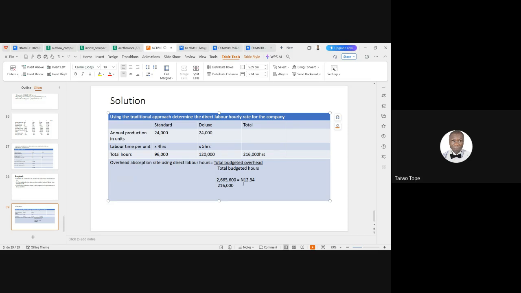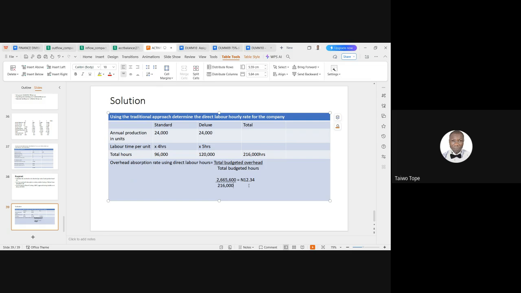If you go to the question, you see requirement B. Requirement 1 is: use the traditional approach to determine the direct labor hourly rate for the company. This is what you've done. B now says use the direct labor hour rate to compute the overhead rate attributable to a unit of standard and a unit of loss.